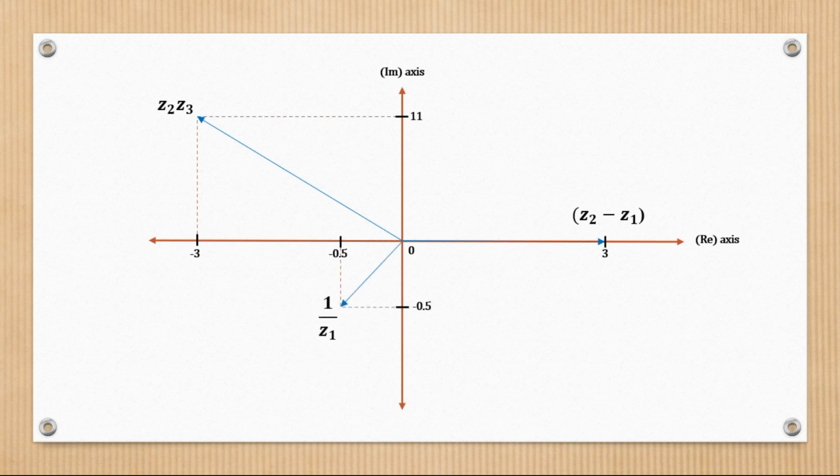Now, remember that 1 over Z1 was equal to negative a half minus a half i. So this is how we represent it. It's going to be a negative a half on the real and a negative a half on the imaginary.